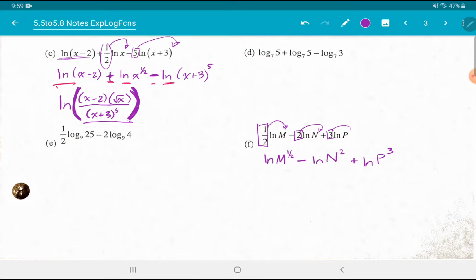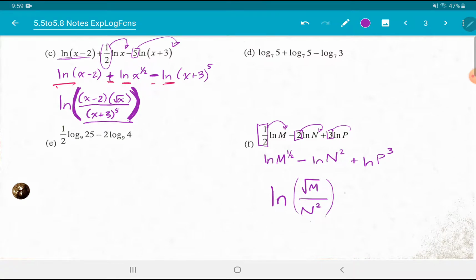Okay, so now, again, we have logs combined with the 4 basic operations, addition, subtraction there. So we're just going to go ahead and combine it all as one log. Notice how m to the half, that's the same thing as square root of m, is minus ln of n squared. So we're going to have to divide that by n squared. And then, you know what, let's just go step by step.